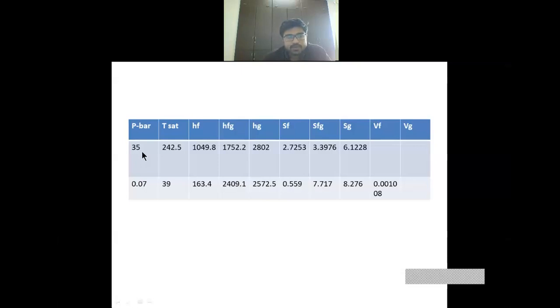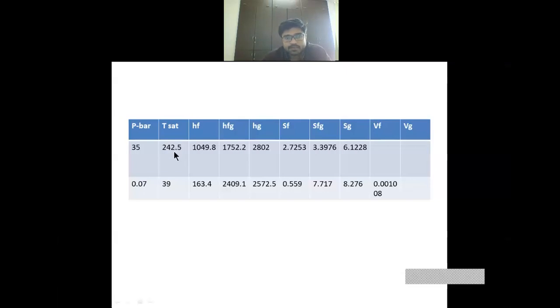Here you can see the two pressures are given, but sometimes it may be possible that in place of pressure, saturation temperature might be given to you. Clear? Here pressure is given, but it is possible that in the exam they may give you the temperature.